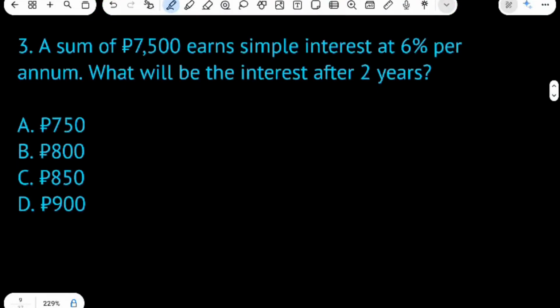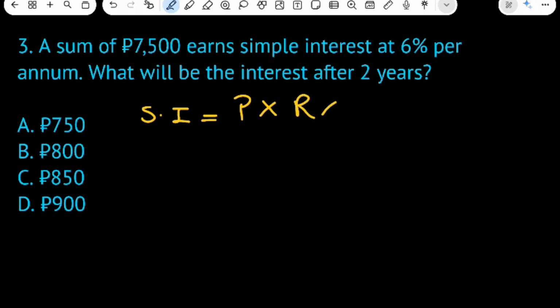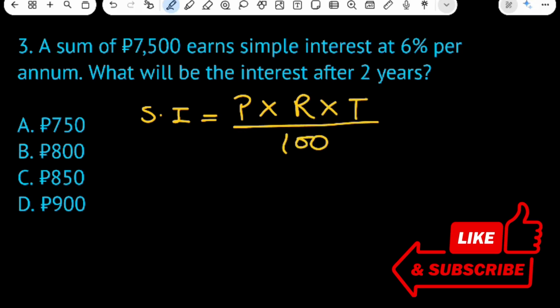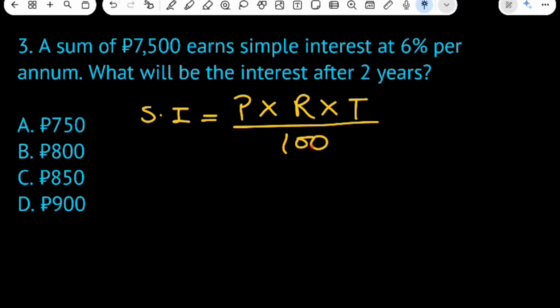We have again the simple interest formula, that is principal multiplied by rate multiplied by time divided by 100. So this is basically the short way to write the simple interest formula, where P stands for principal, R stands for rate, and T stands for time, and the whole should be divided by 100.